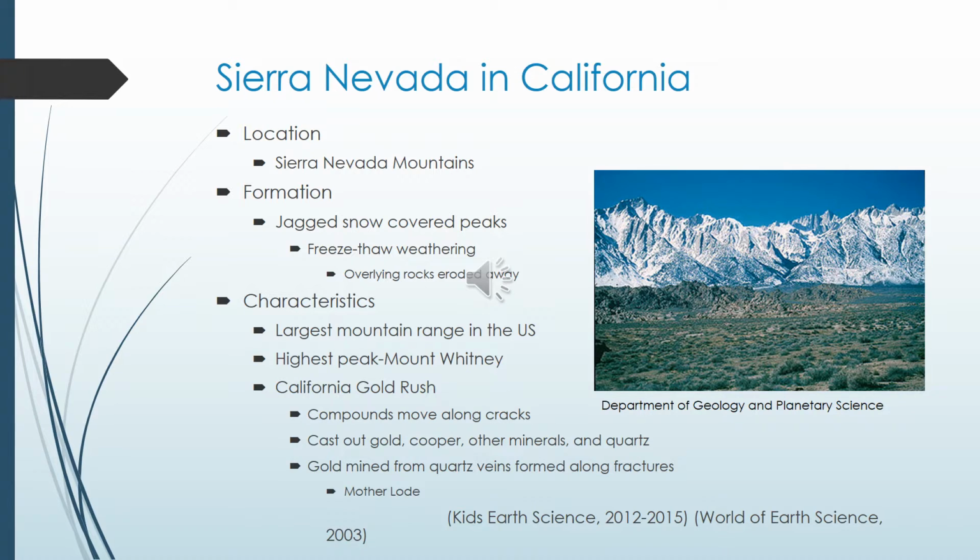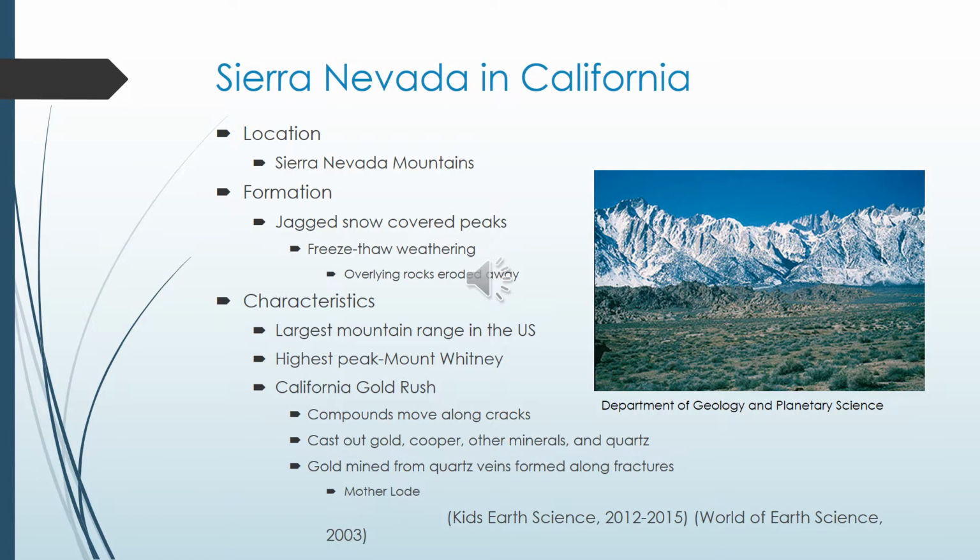Additionally, there's the Sierra Nevada batholith in California, which is a part of the Sierra Nevada mountains. The mountains have many jagged, snow-covered peaks due to freeze-thaw weathering. It freezes, then thaws, freezes, then thaws, and that caused the peaks as the overlying layers of rock eroded away. It is the largest mountain range in the U.S., and its highest peak is Mount Whitney.